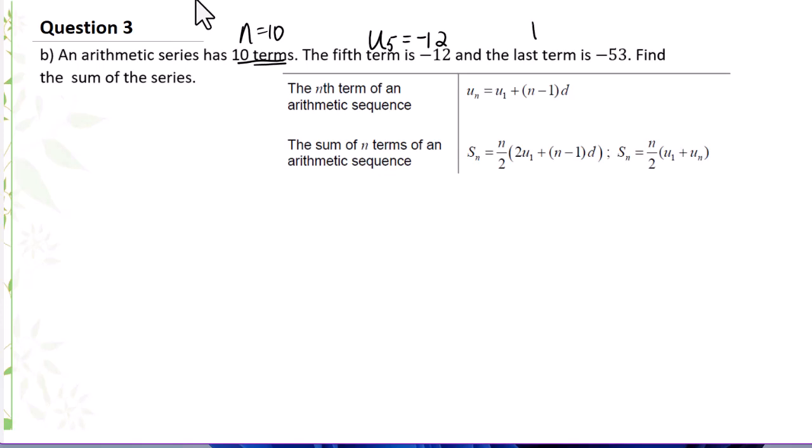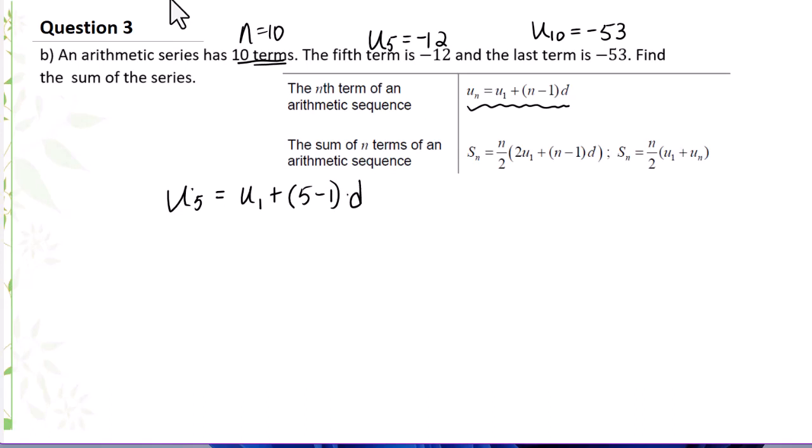Last term means u sub 10 equals negative 53. We will use this formula to form a system of equations. U sub 5 equals u sub 1 plus n, which is 5, minus 1 times d.